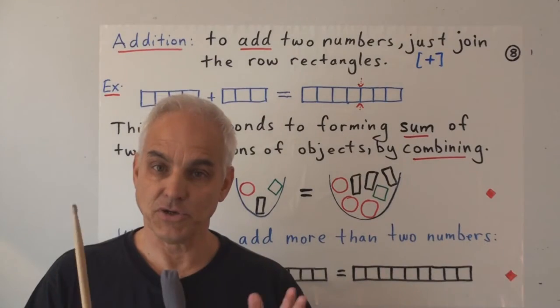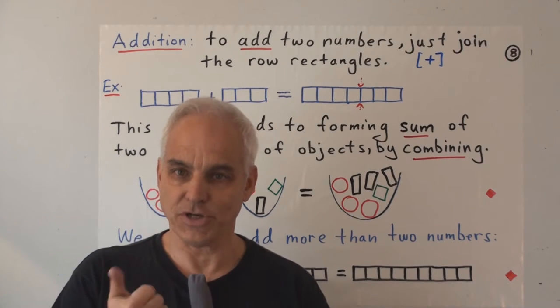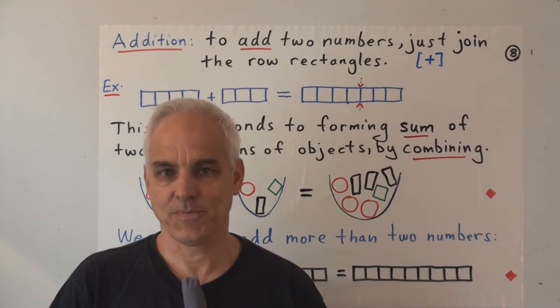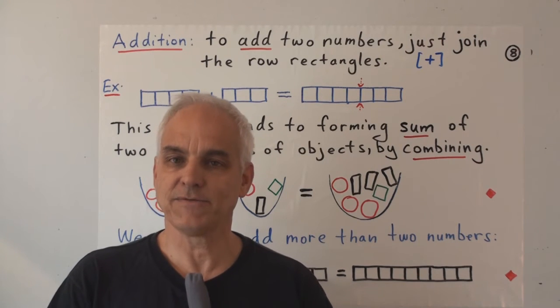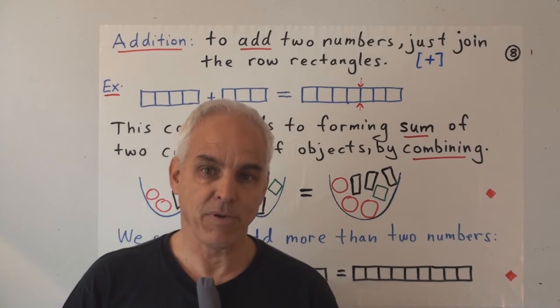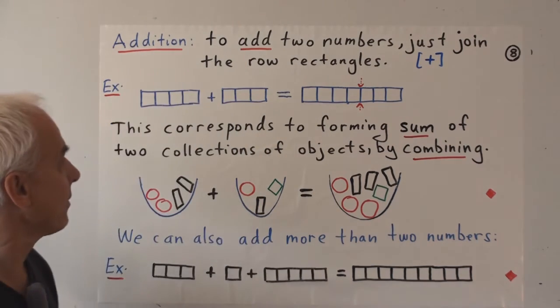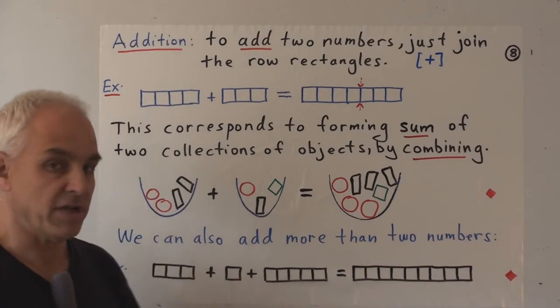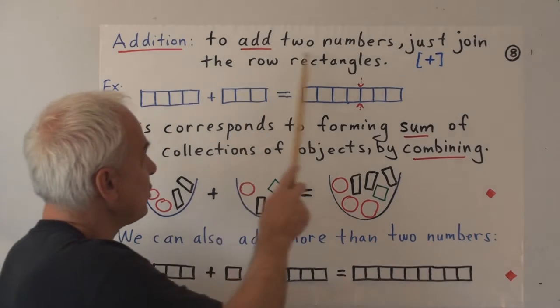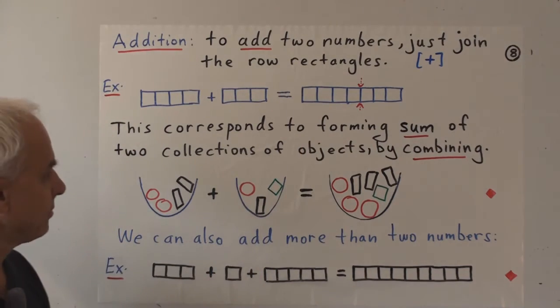So now we're ready to introduce the two most important arithmetical operations, which are addition and multiplication. Both of them are relatively simple, perhaps surprisingly simple, in this simple kindergarten geometrical framework. First of all, addition. To add two numbers, we just join the row rectangles.